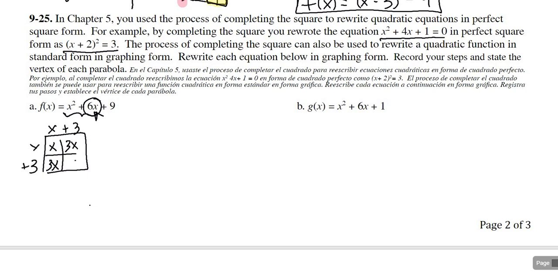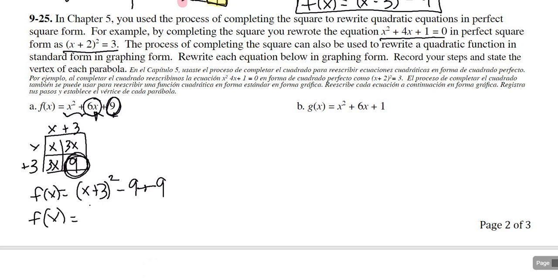And what does it take to complete this? Well, 9. So for this particular problem, I have f of x equals x plus 3 squared, but then I have to take this 9 away because that's hiding inside there. So minus 9, and then I have to add this 9 on because it's still there, plus 9, which just becomes f of x equals x plus 3 squared.